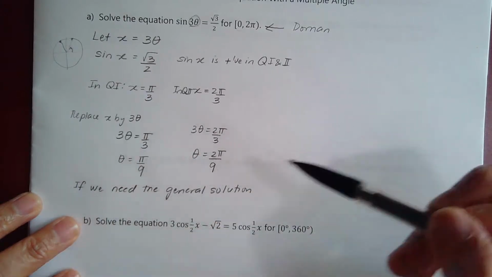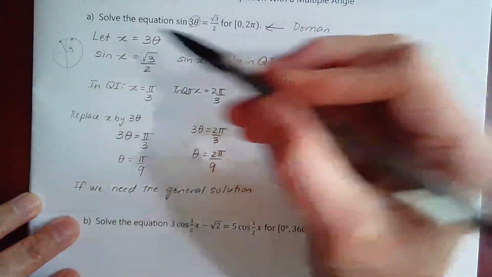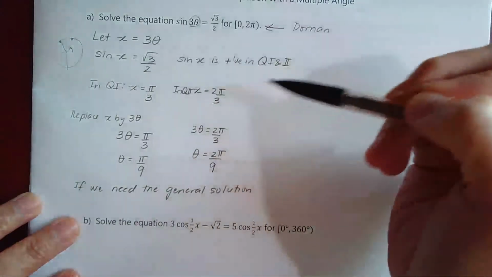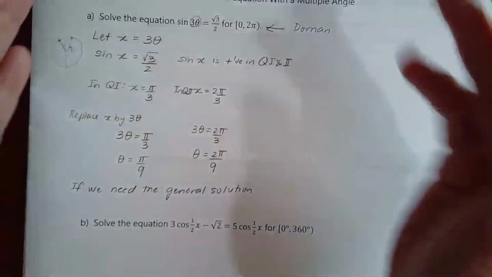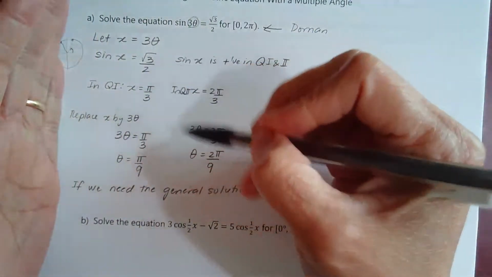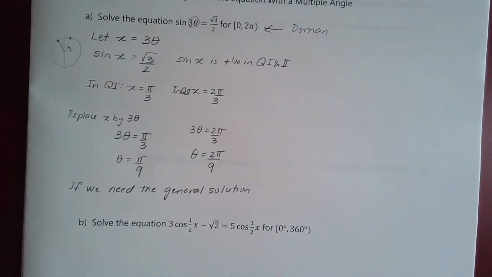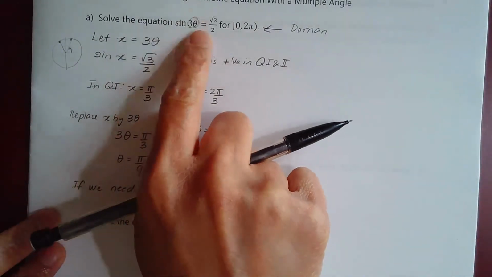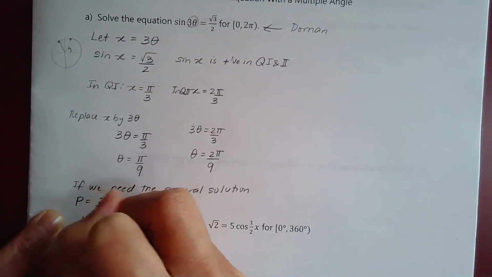So what are the coterminals? Normally, the cycle goes around every 2 pi. But in this particular case, because this is a horizontal compression by a factor of 3, there are going to be more possible solutions in here. So what I'm trying to say is that the period will change. The new period, we said period is equal to 2 pi over b.